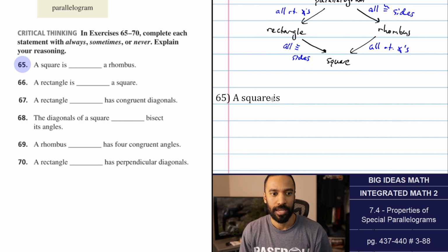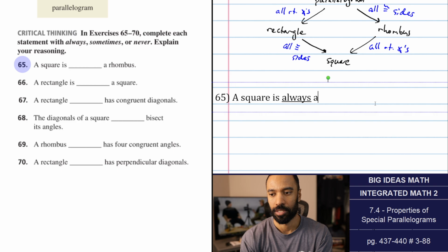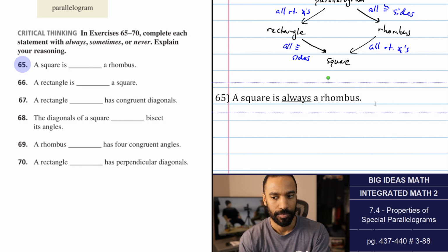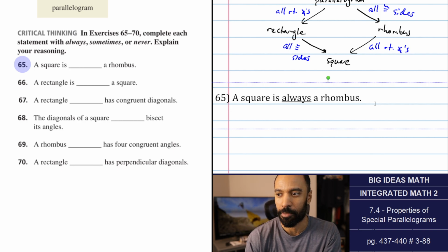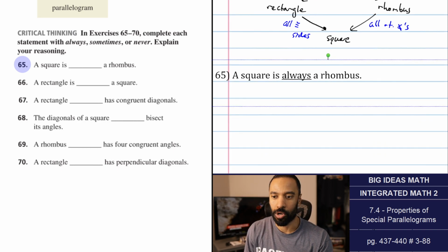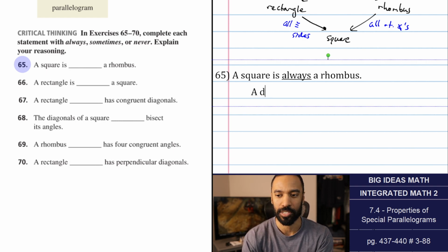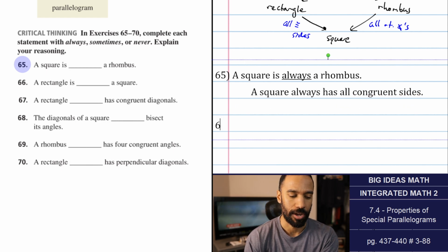So in an always, sometimes, never case, a square is always a rhombus, but a rhombus isn't always a square. I don't know how I want to explain that other than going off my thing from above: just look at the diagram. But a square is always a rhombus because a square always has congruent sides.